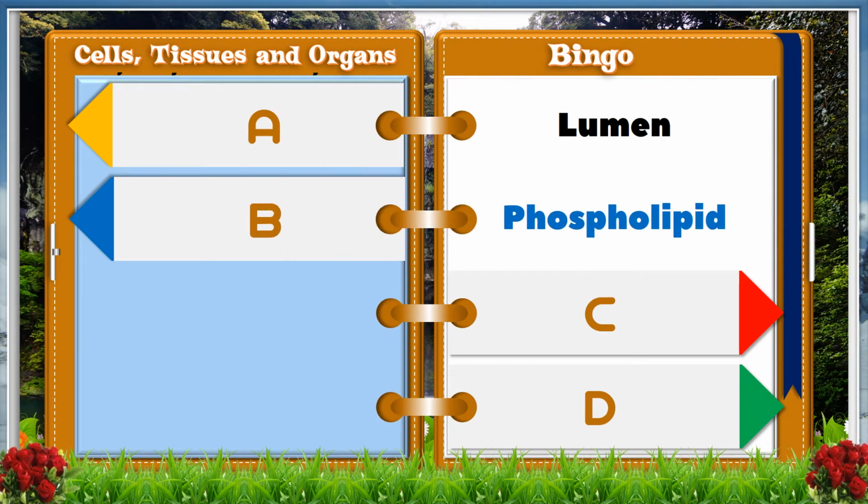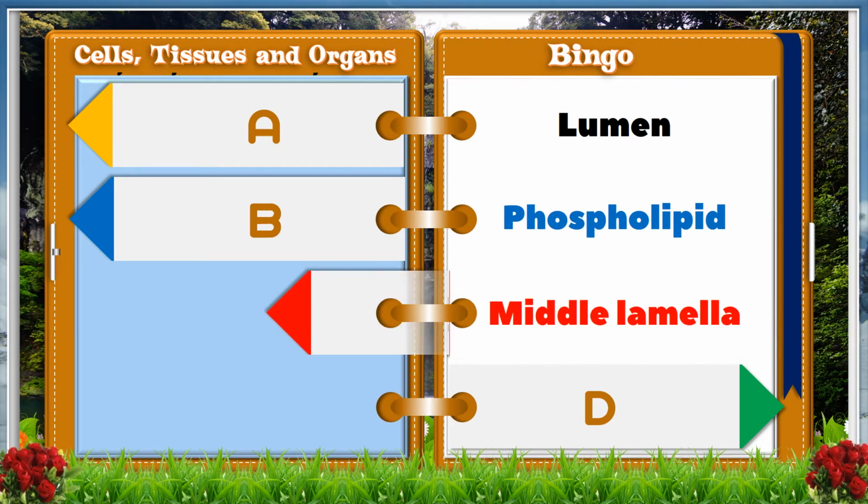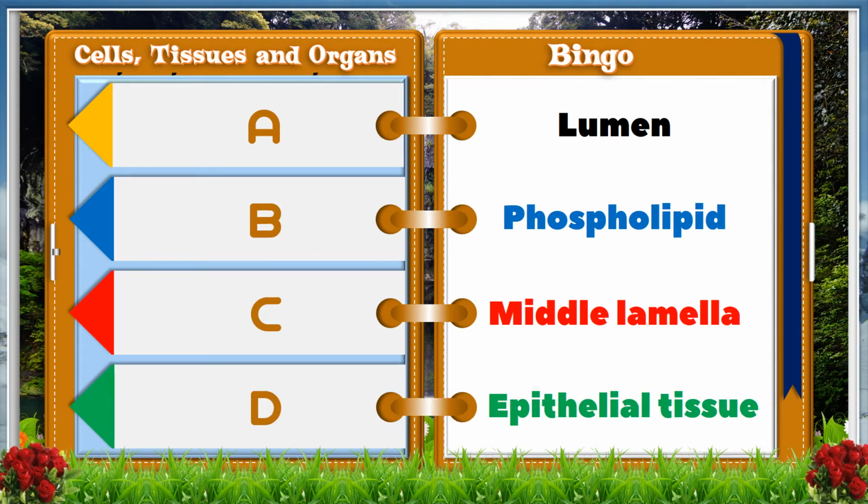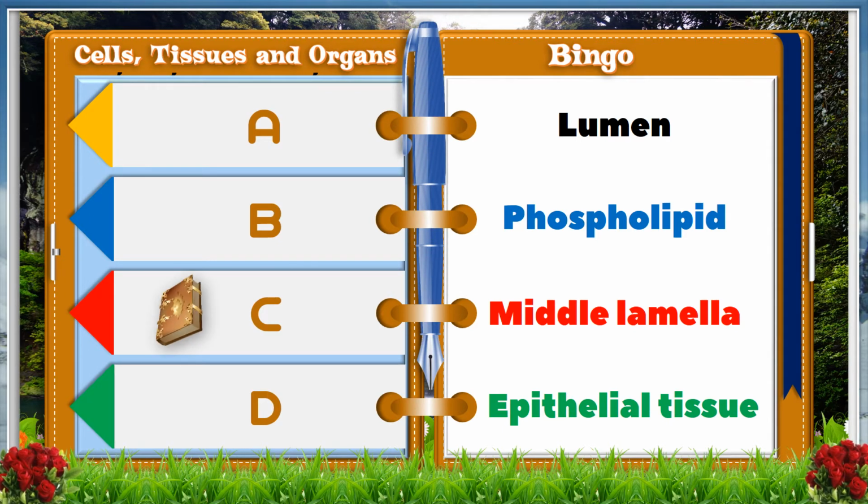B. Phospholipid. C. Middle lamella. D. Epithelial tissue. And the answer is C. Middle lamella.